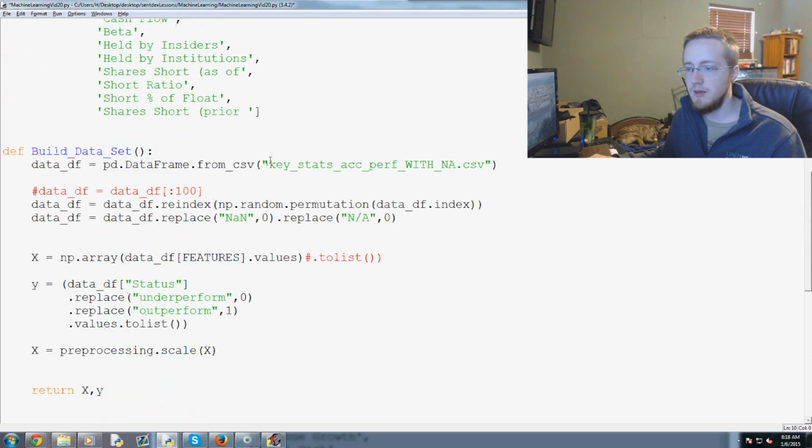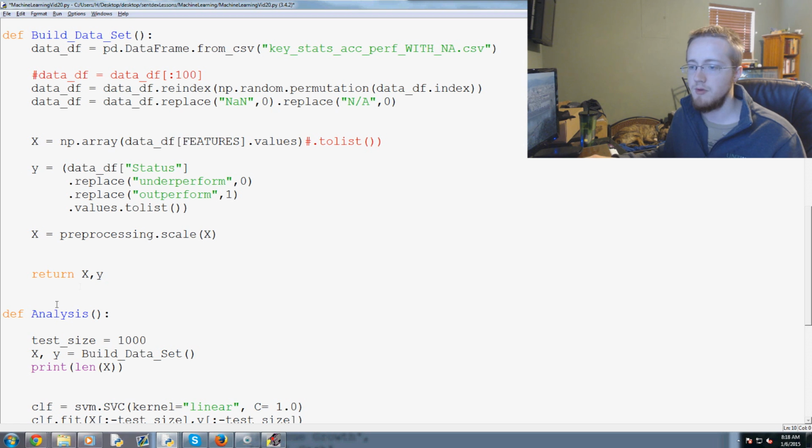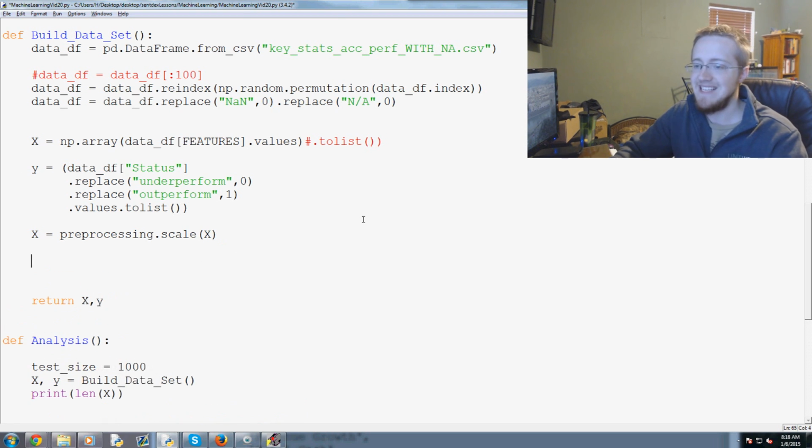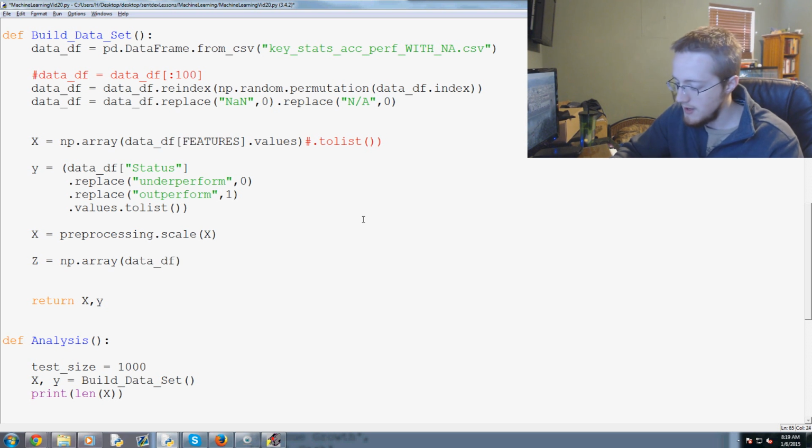So now in the build dataset, currently we return an x and a y. I'd like us to also return a z variable. And the z variable is going to equal the numpy array conversion of data_df.